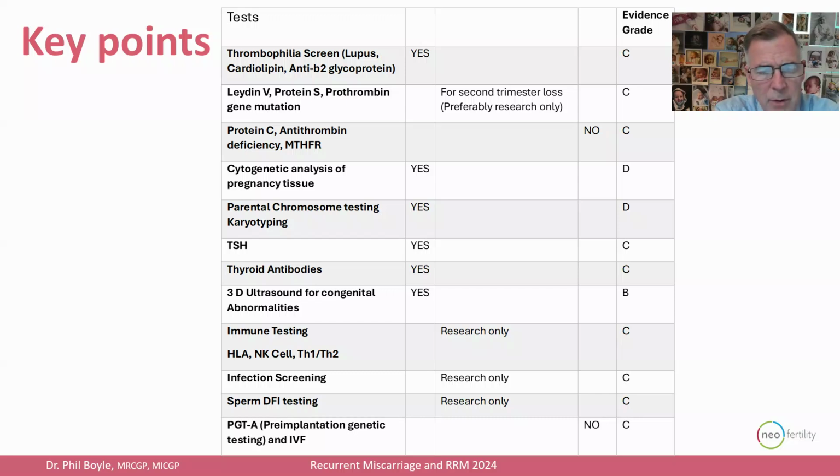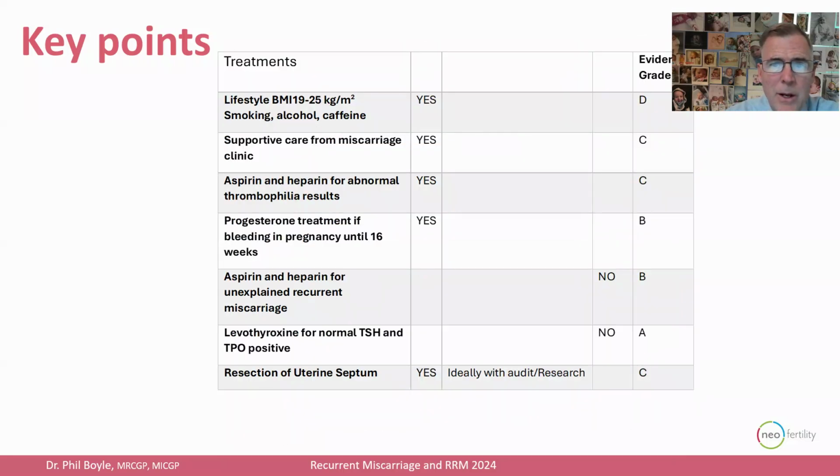You say, well, if we make the embryos in the lab and we do pre-implantation genetic testing, and then put the best embryos back, that's really going to help, right? The answer is no. You would think it should, from pure, say, ethics aside, and you're just trying to get a result. And the evidence is that doesn't help with recurrent miscarriage. So that's very useful to be able to point that out to people as well. We've always known lifestyle advice helps.